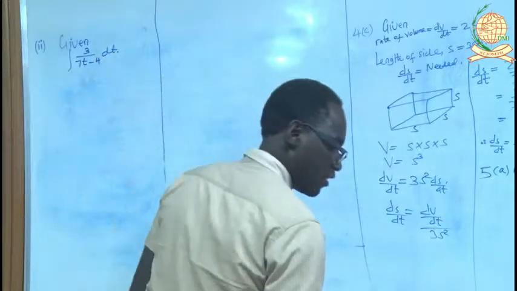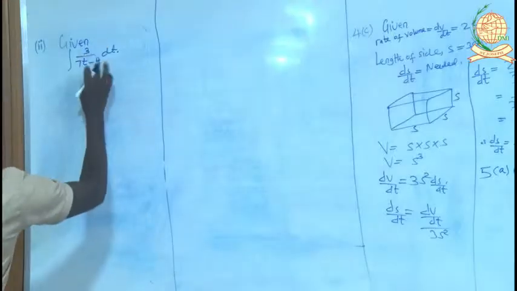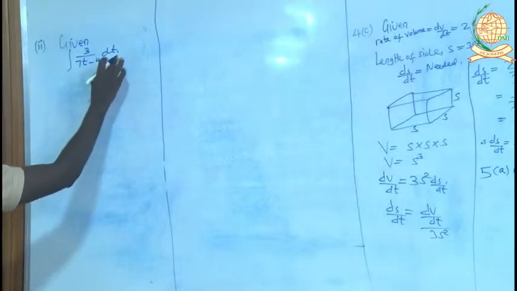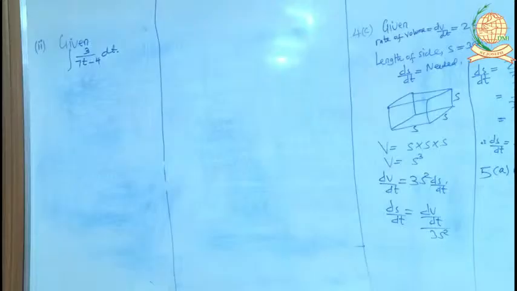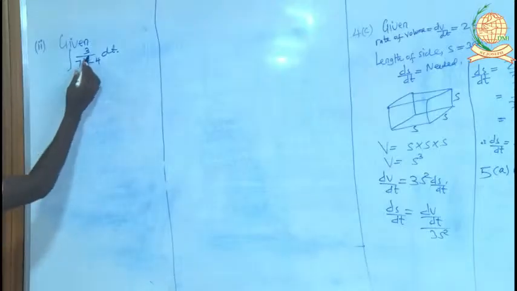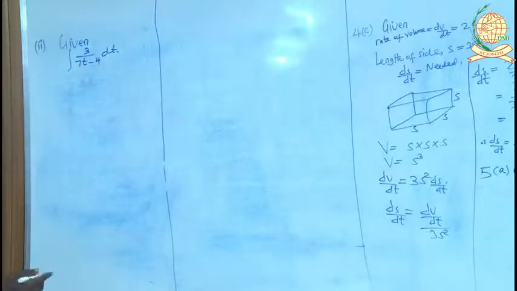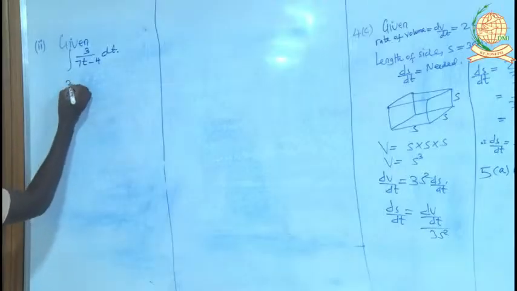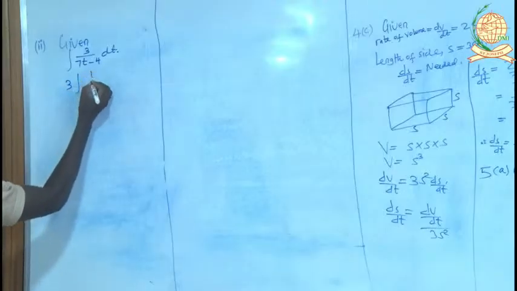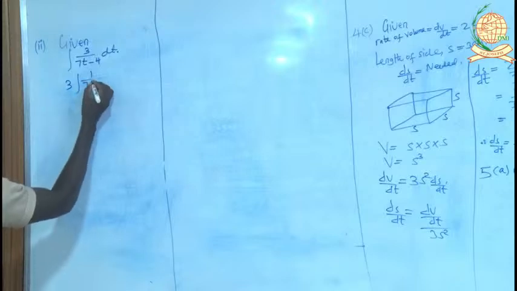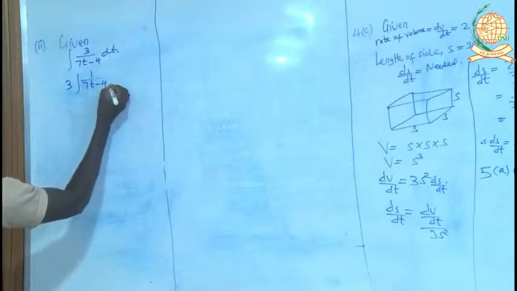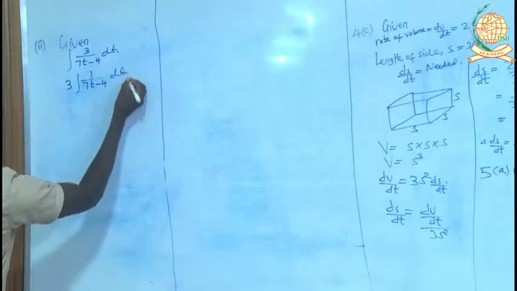Integrate the function 3 over 7t minus 4 dt. Okay, the first step here: 3 is a constant, take it out of the integral sign. We are going to have 3 times the integral of 1 over 7t minus 4 dt.